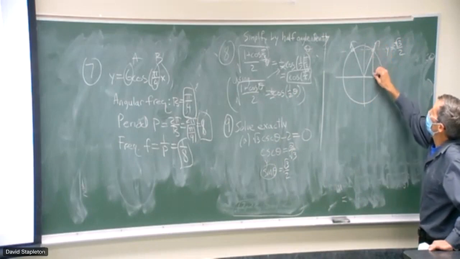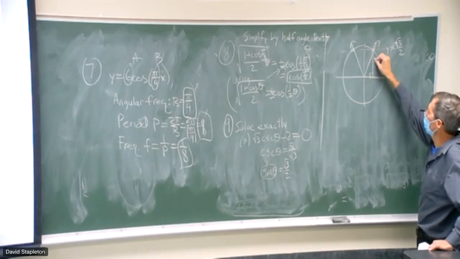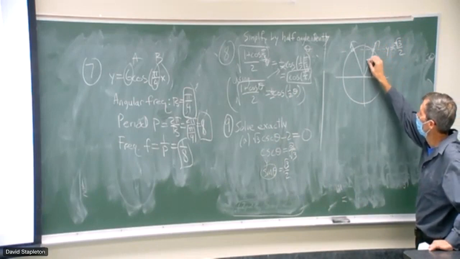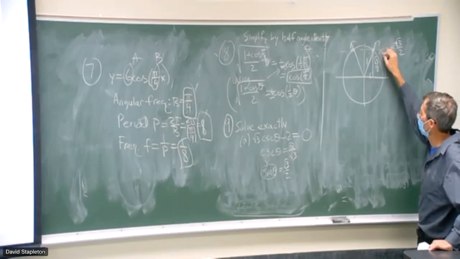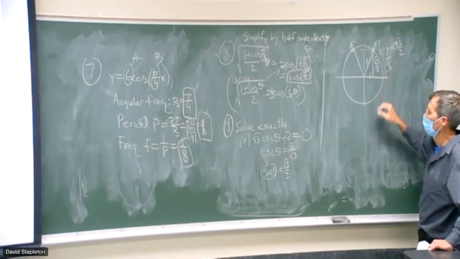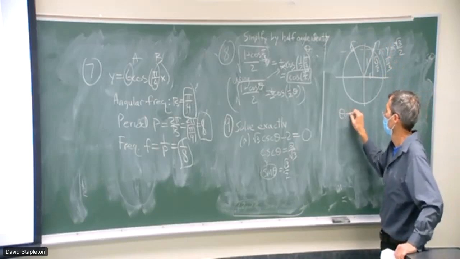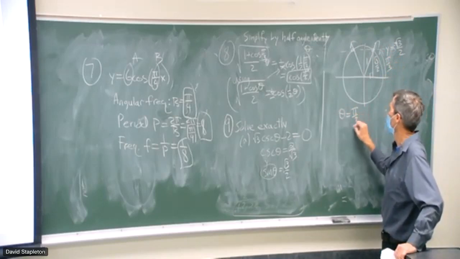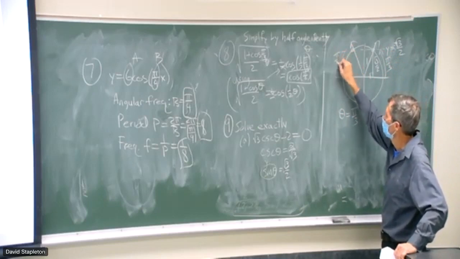Well, you drop the perpendicular and make a right triangle to find out, right? And if this goes up to y equals square root of 3/2, this side must be square root of 3/2. This is 1 because it's a unit circle. This must be a half, and this must be a pi/3 angle. So one solution to that is theta equals pi/3. But there's another, right? By symmetry, this must be pi/3.